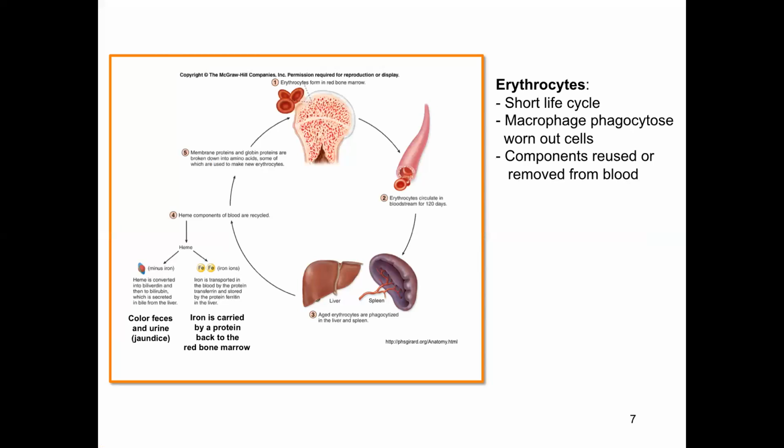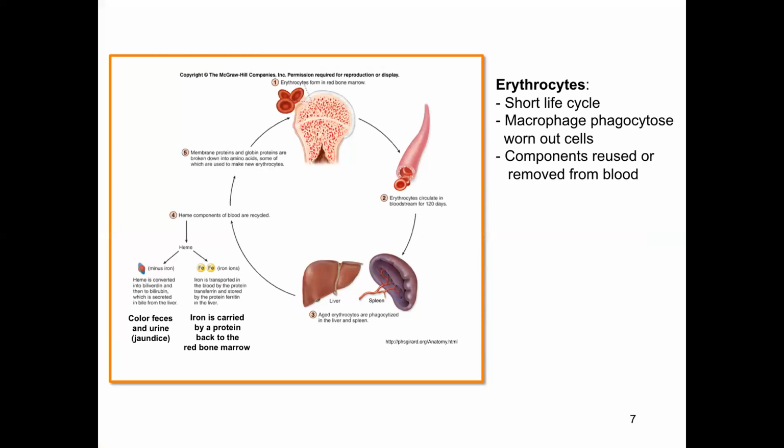But what's going to happen here is that the old red blood cells are going to be phagocytosed by macrophages, and they're going to be broken down, and we'll recycle some components. For example, the iron very often is recycled, so it's going to be carried by proteins in the blood back to the red marrow so that it can be used to make new hemoglobin to be put into the red blood cells.